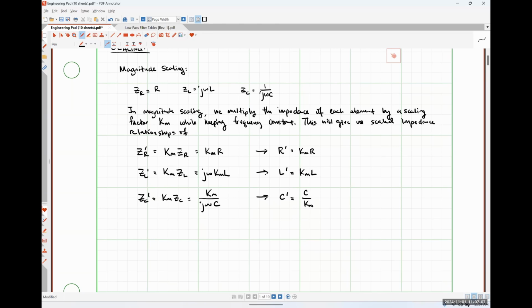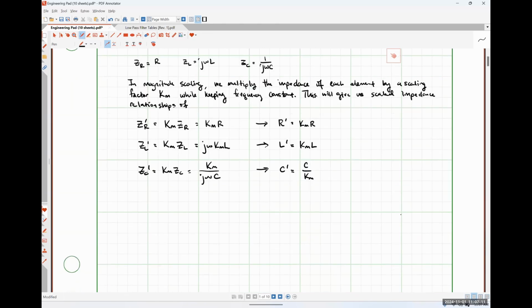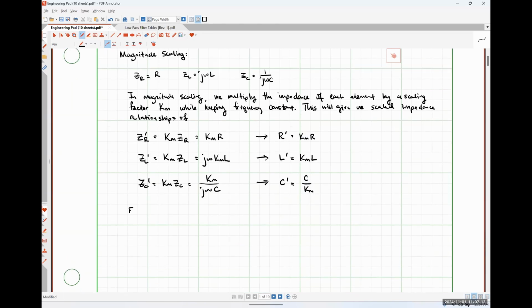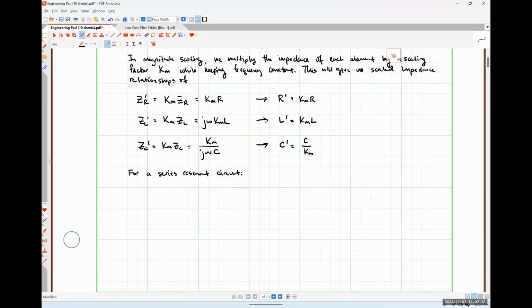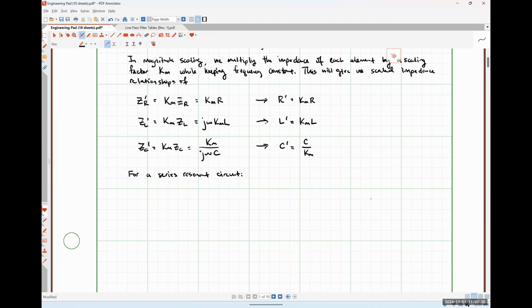So I want us to make a couple of observations here really quickly, okay? For a series resonant circuit, let's look at what our scaled version of our resonant frequency will be first, okay?